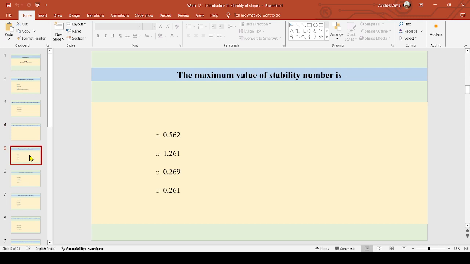The maximum value of stability number is, the options are 0.562, then 1.261, option 3 0.269, and option 4 0.261.